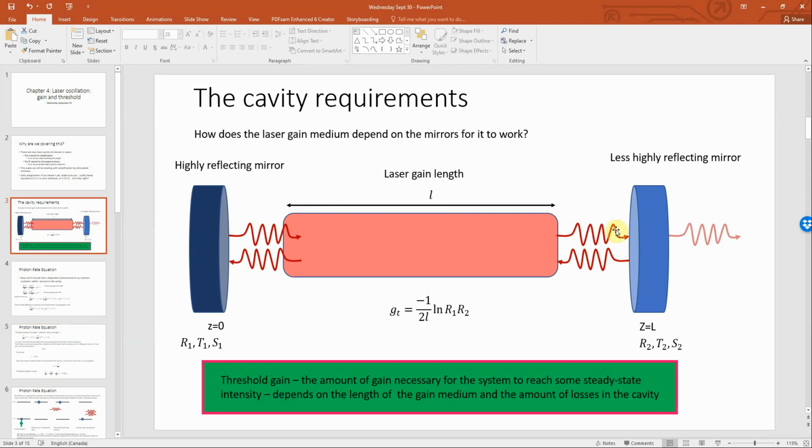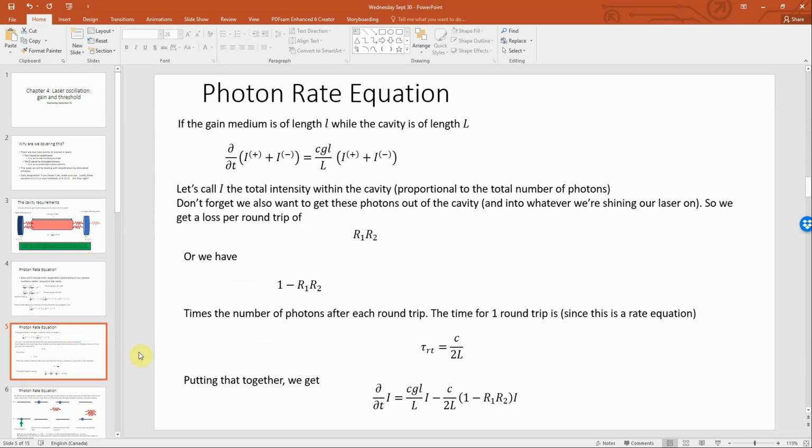The photons have to travel to the right through the cavity length L, and then travel to the left cavity length L. So they travel a total distance 2L, and this is a rate equation. So in order to have this be some rate, we need c over 2L. And then we get the amount of loss per round trip is 1 minus R1 times R2.